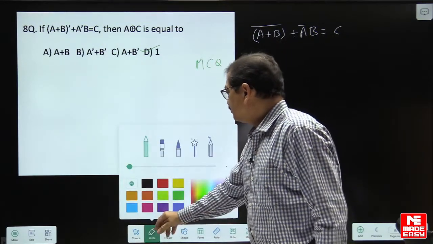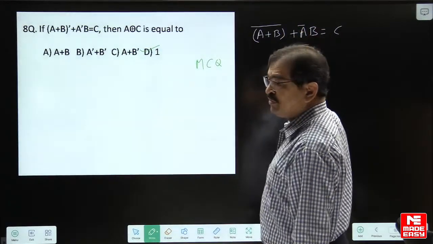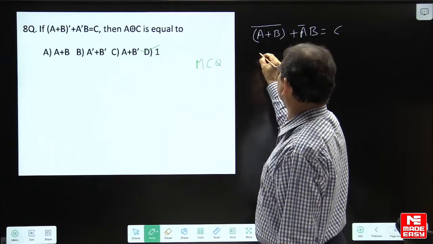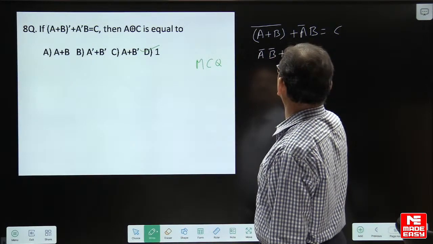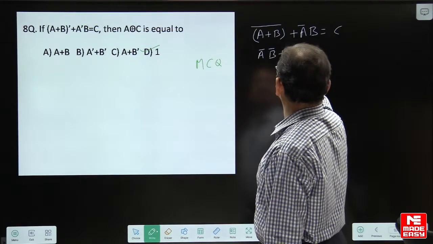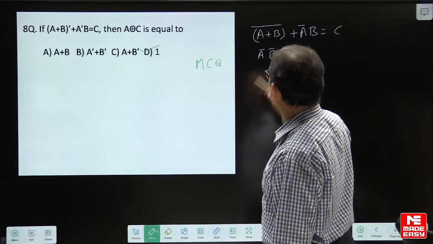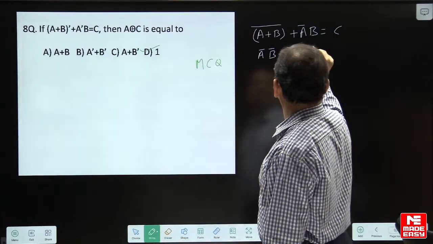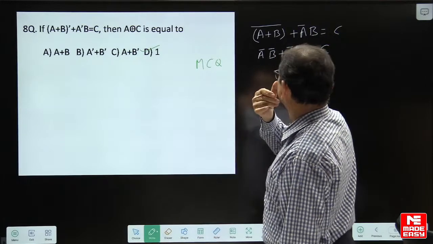So let us simplify. What simplified expression will be reading as LHS? We are looking here at A complement B complement, OR with A complement B. It is equal to C.